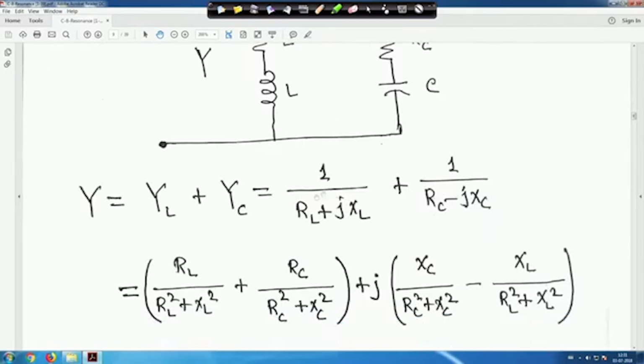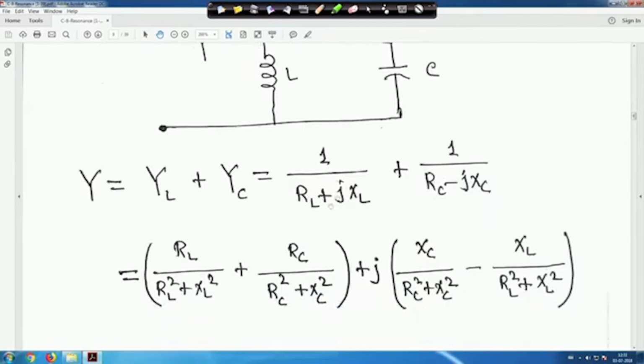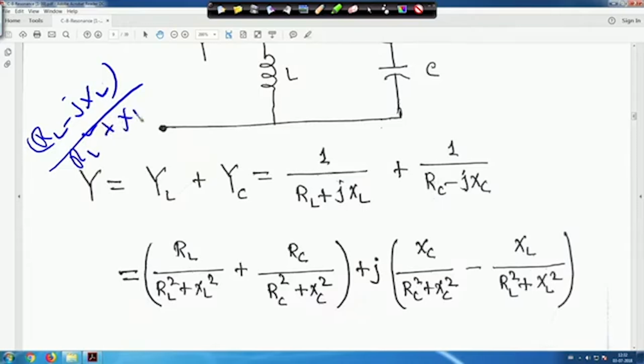Now this one, numerator and denominator, you multiply by RL minus JXL, divided by RL plus JXL into RL minus JXL, that is RL square minus J square XL square. J square is minus 1, so it will be RL square plus XL square.